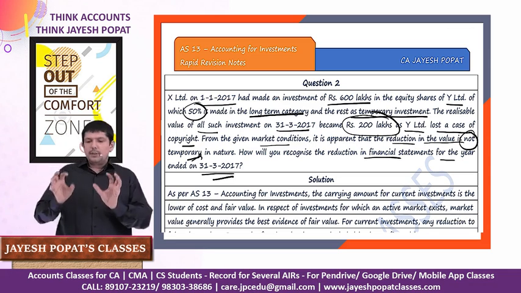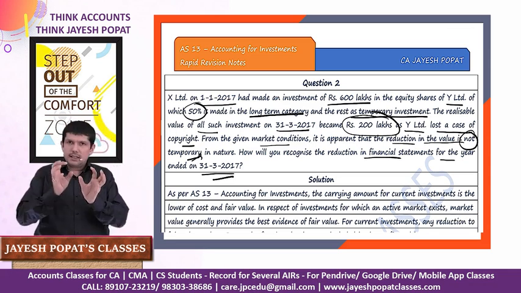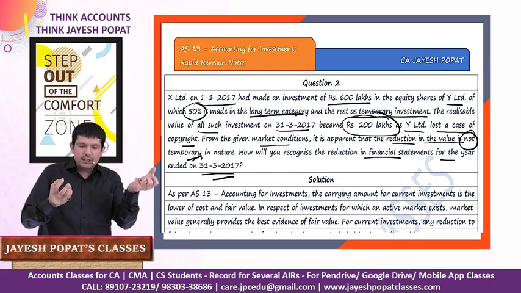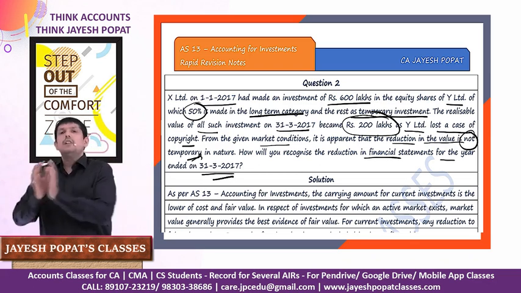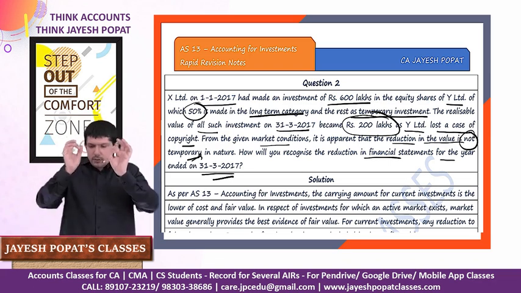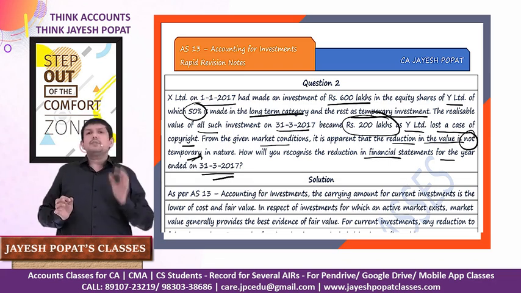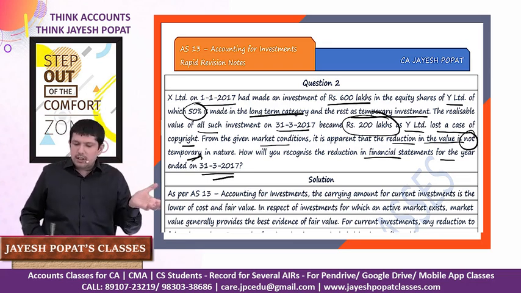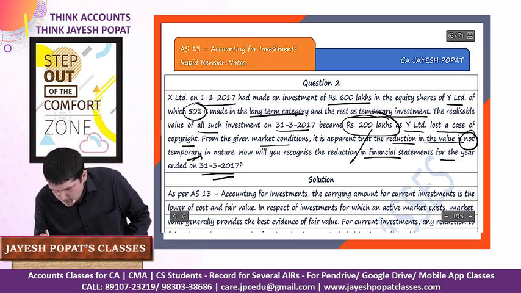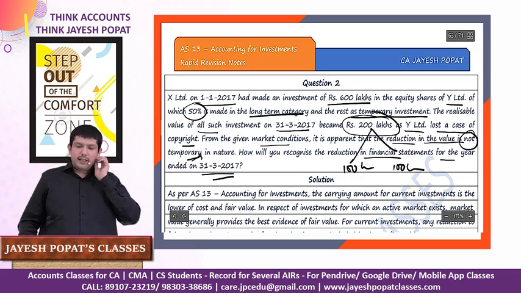So here what is happening, total investments which have been made is 600 lakh, 50% is current and 50% is long term. So 300 is current and 300 is long term. Now, the rule for current investments is cost or fair value, whichever is lower. So for current investment the cost is 300 lakh. Total realizable value is 200, of which 100 lakh will be under the current category and 100 under the long-term category.